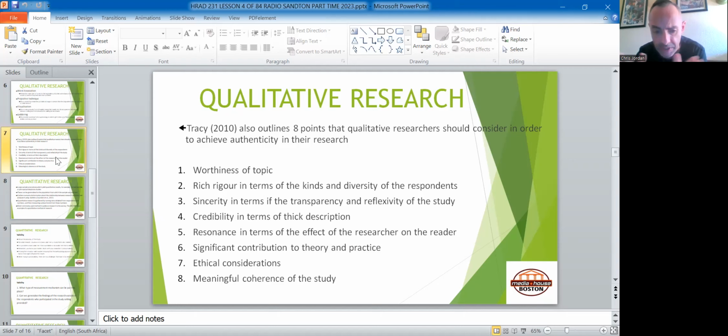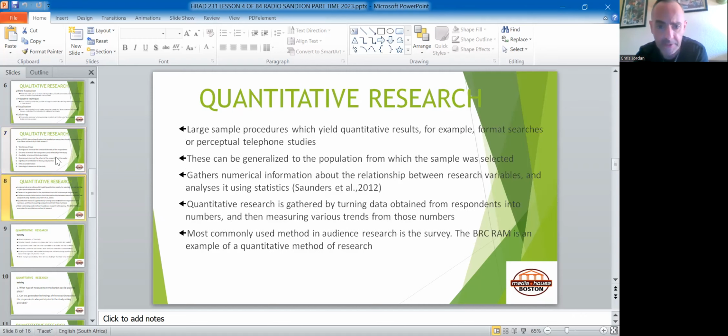I'm saying it's a well verified and structured process that is going to be effective. Significant contribution to theory and practice. Ethical considerations, so making sure that you don't cross any borders, of your own or of people, with social interaction or just human behavior, and meaningful coherence of that study. Right.